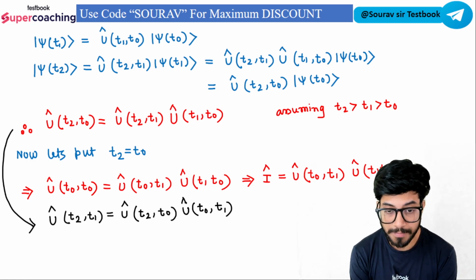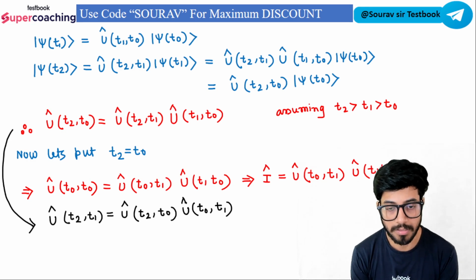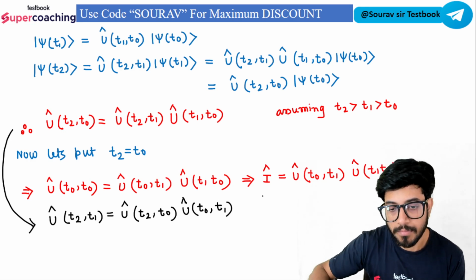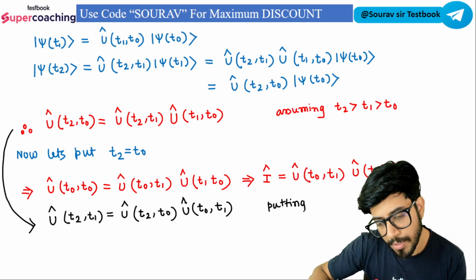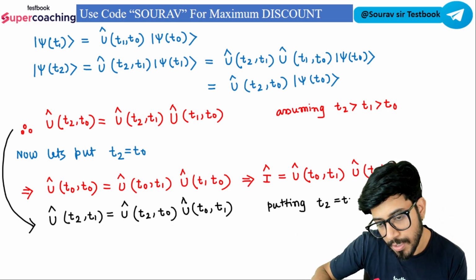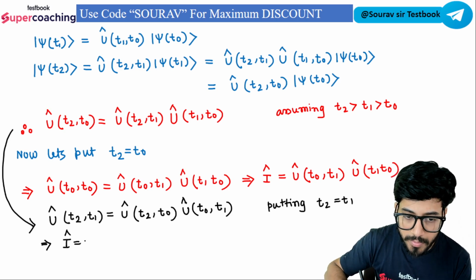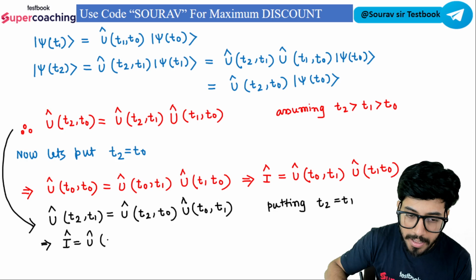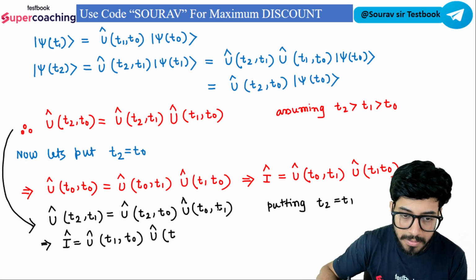If I can do this, then putting T2 equals to T1, I can get I cap is equal to U cap of T1 T0 into U cap of T0 T1.